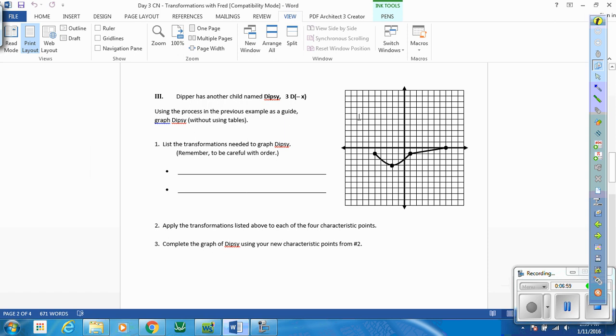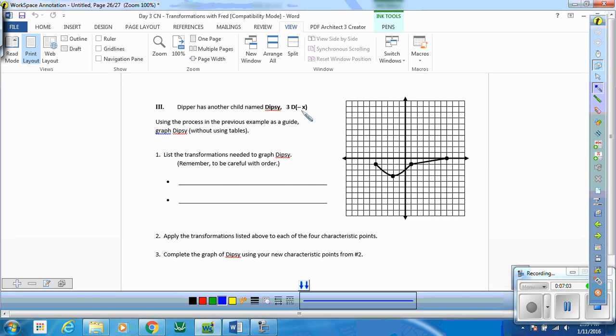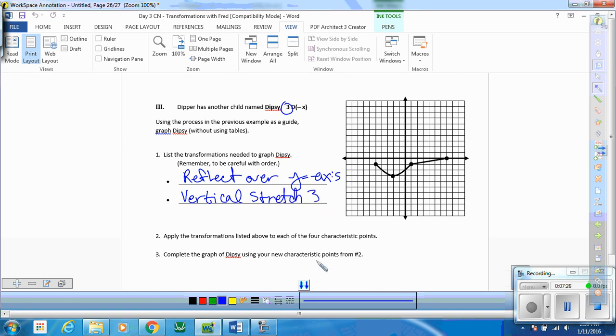Now, this one, when I look at it, let's see if we can figure out what's going on here. The negative is on the inside, so we're not reflecting over the x-axis, we're going to reflect over the y-axis. So we're reflecting over the y-axis, and then we are multiplying by 3, so that's going to be a vertical stretch of 3.